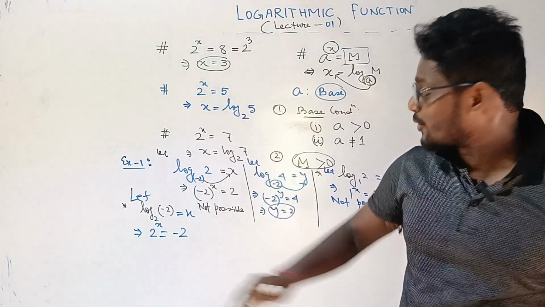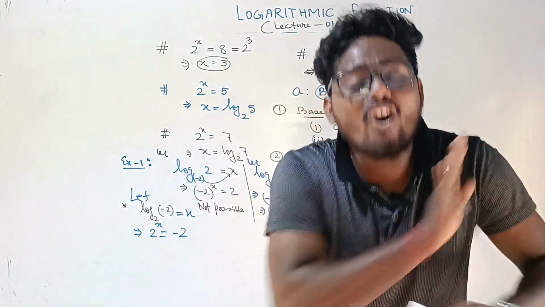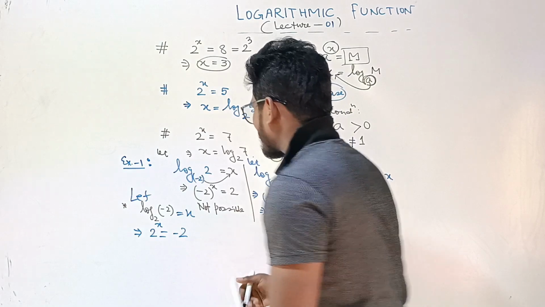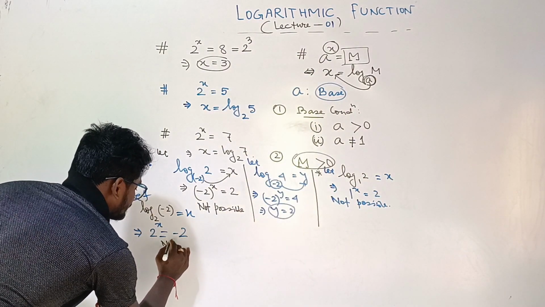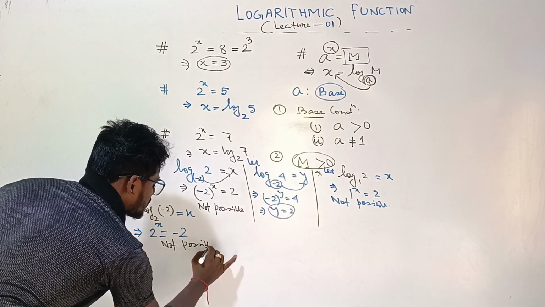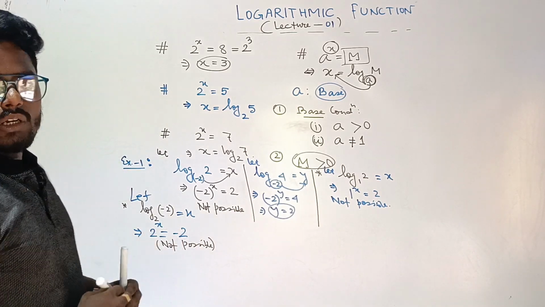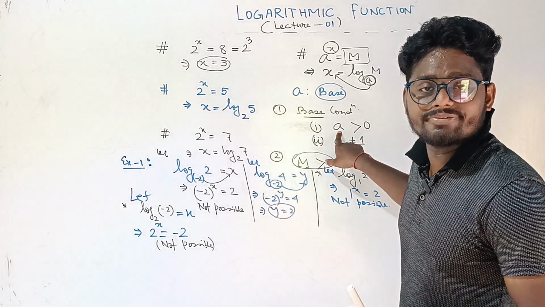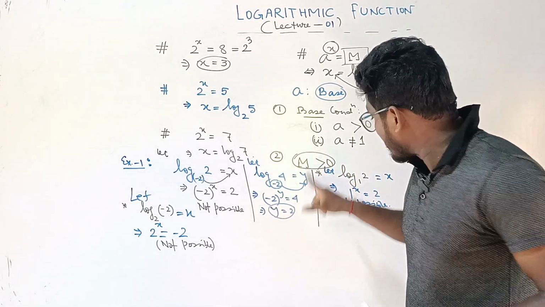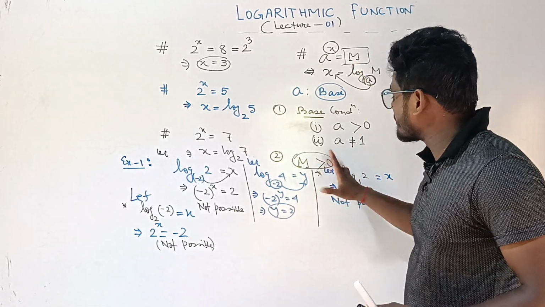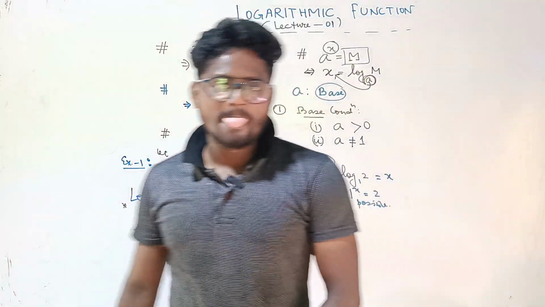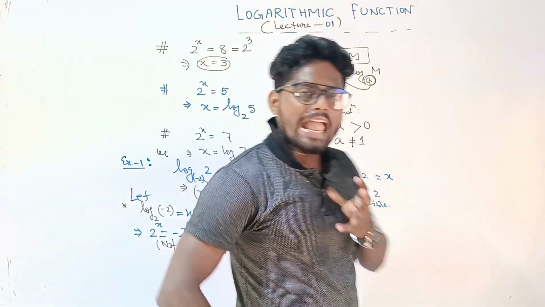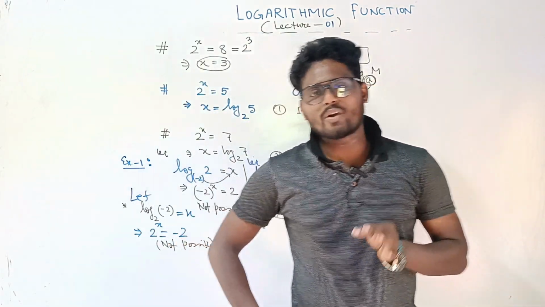Now tell me, 2 to the power something cannot be a negative number. It must be greater than 0. So this is also not possible. So that means the base cannot be negative, the base cannot be 1, and this number cannot be negative. It must be greater than 0. Am I clear, everybody? Hope it is okay, right?